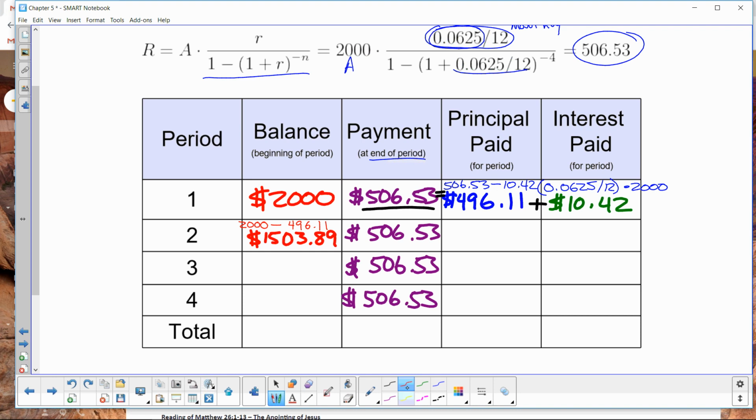So this is the amount of my loan that I'm carrying over for the next month.